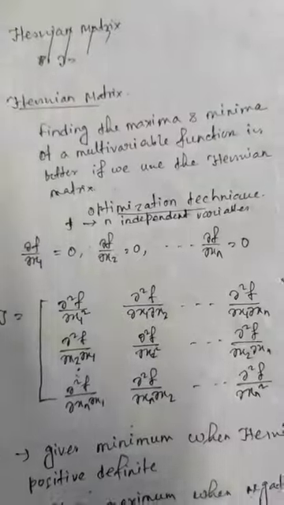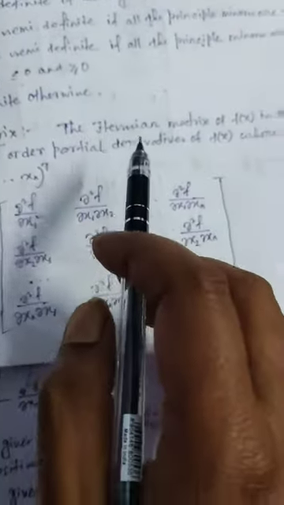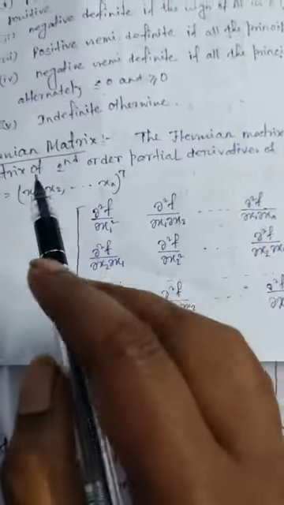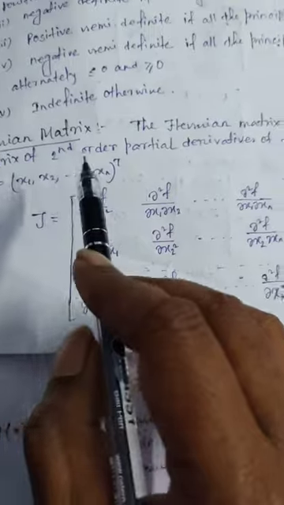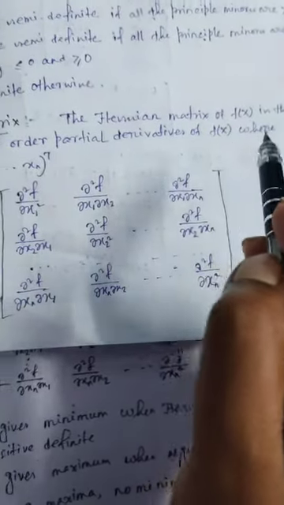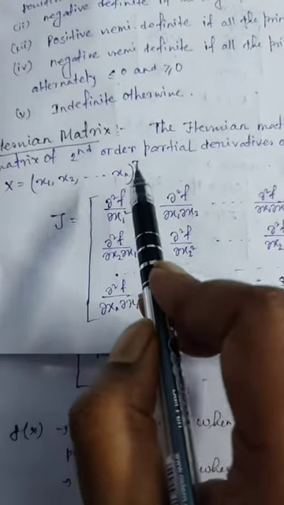Actually, I'll just show you now. The Hessian matrix of a function f of X is the matrix of second order partial derivatives of f of capital X, where capital X is equal to x1, x2, dot dot, xn transpose.